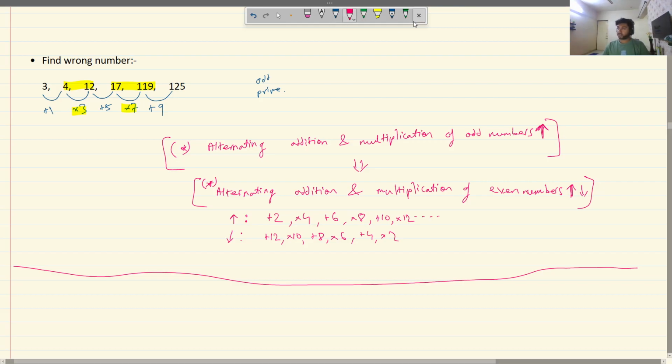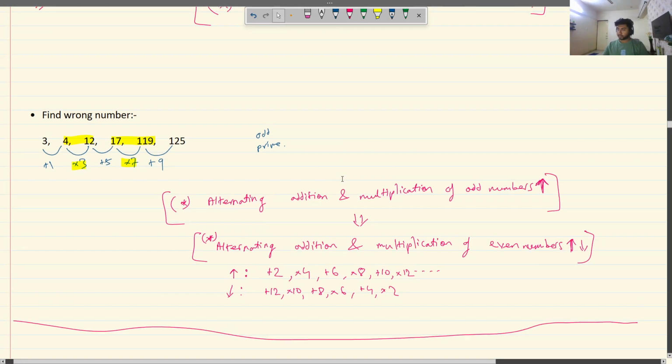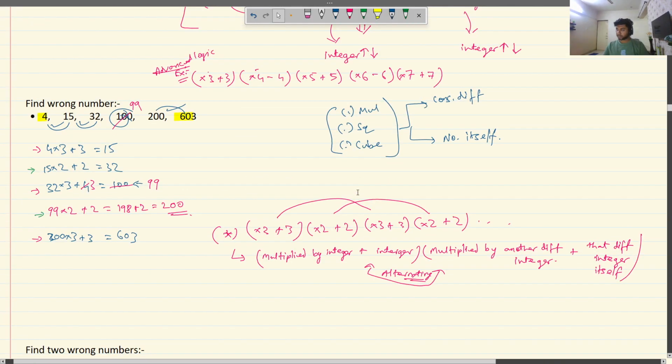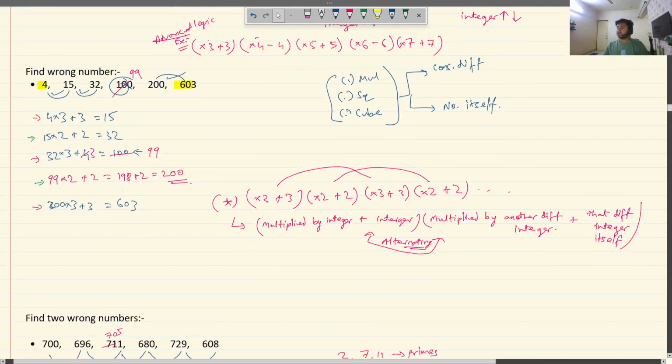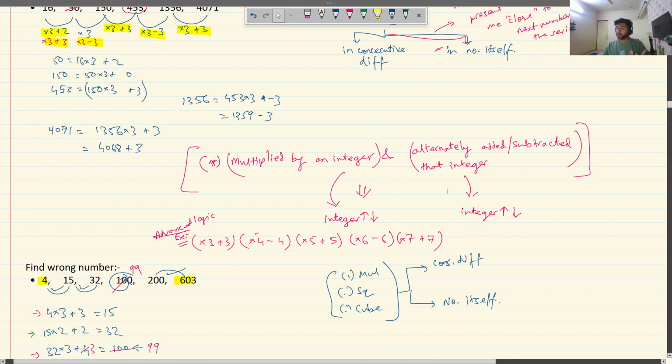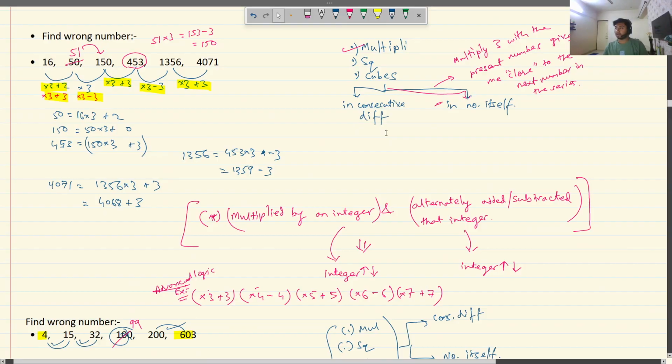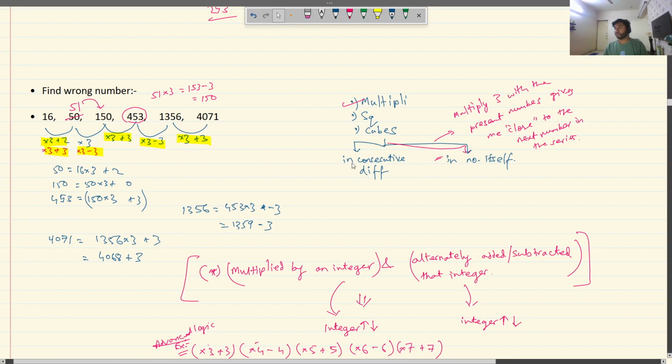Hopefully all the concepts that I have taught you, specifically by observing the numbers, you see that it can contain some sort of multiplication, squares, cubes, and that can be in the consecutive difference or in the number itself, and how to judge which route to take.